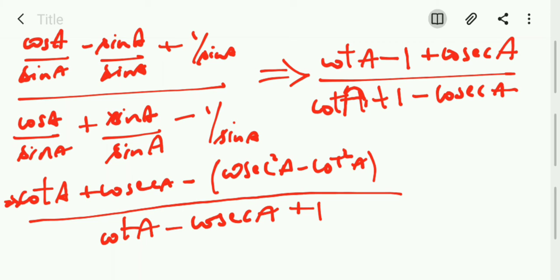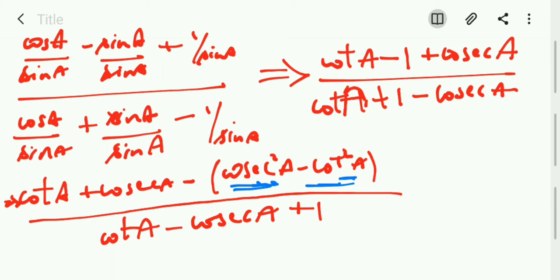This is a very lengthy problem, but if you do this, I think you will be able to do any such problems, guys. Now this is in the form of a square minus b square.